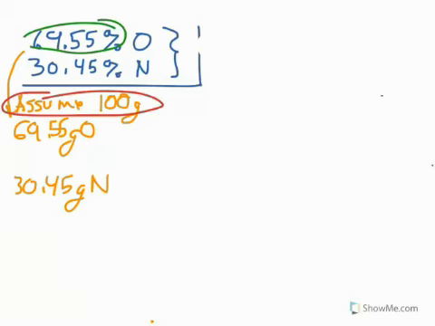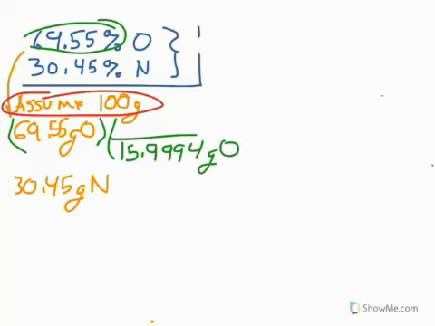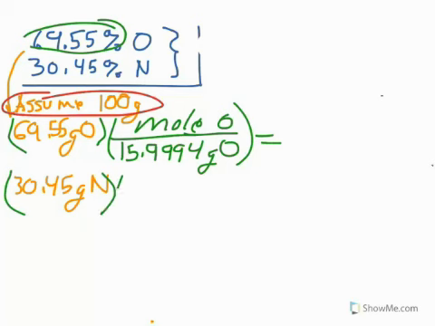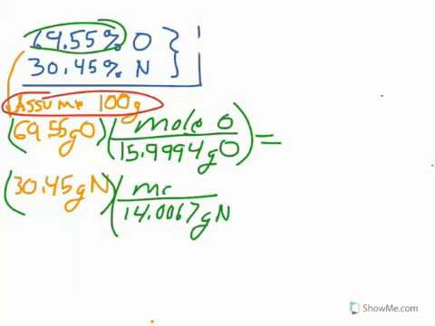I need that statement. So now what I'll do is I'll compare moles of these. So I'm going to calculate the moles of oxygen in here, and I know that there's 15.9994 grams of oxygen per mole of oxygen. Put your units in. That's going to give us a value. And down here I have 14.0067 grams of nitrogen per mole of nitrogen.